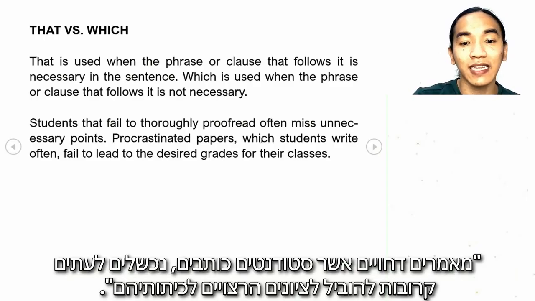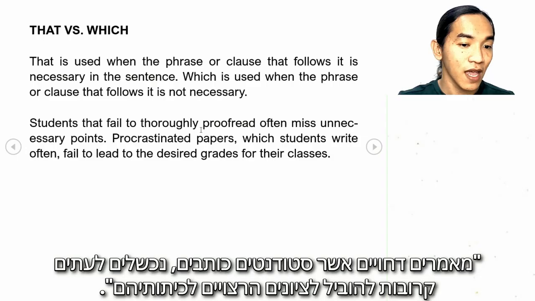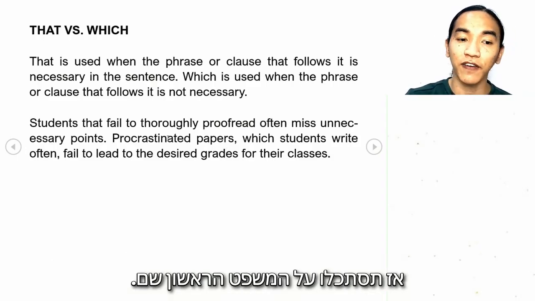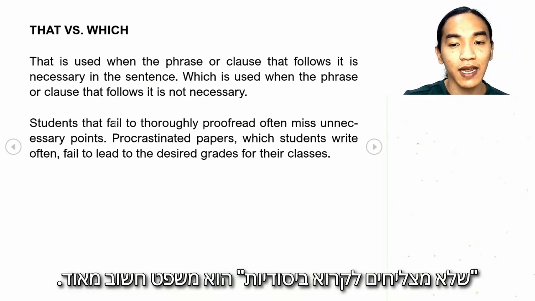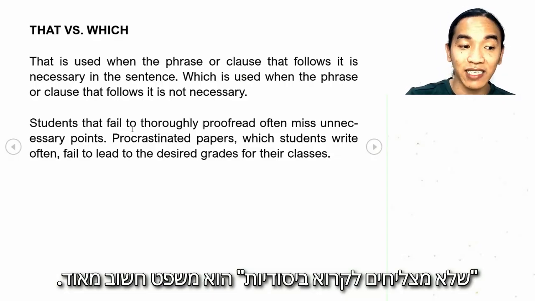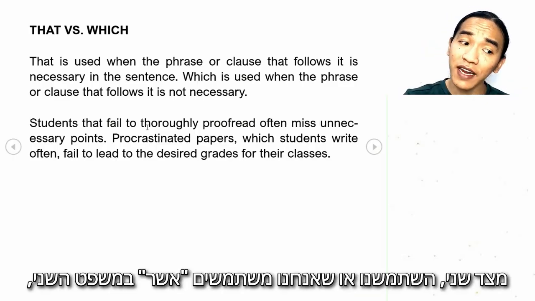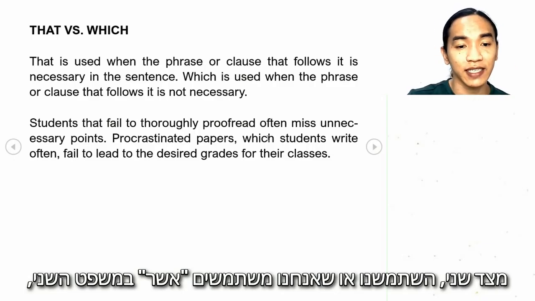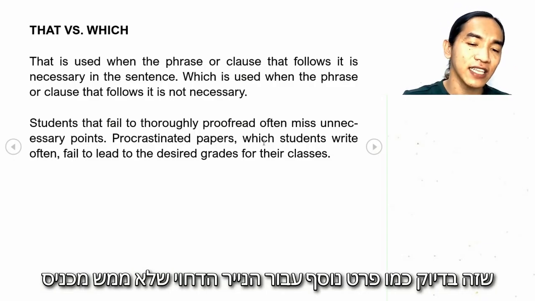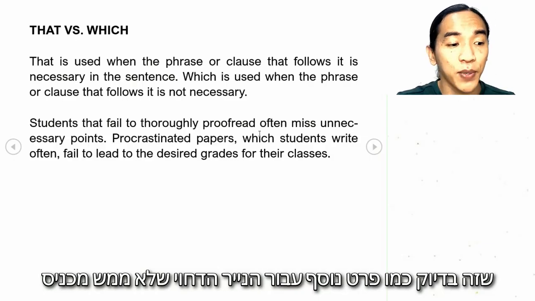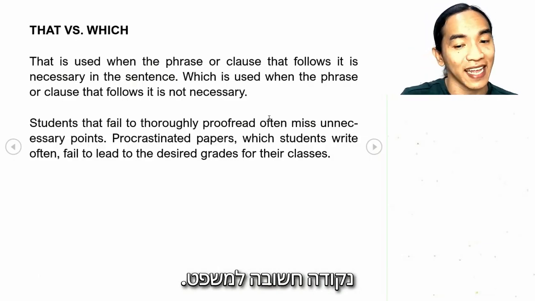Procrastinated papers, which students write often, fail to lead to the desired grades for their classes. Look at the first sentence. That failed to thoroughly proofread is very important, that's why we need that. On the other hand, we use which in the second sentence, which is just an additional detail for the procrastinated papers and does not put an important point into the sentence.